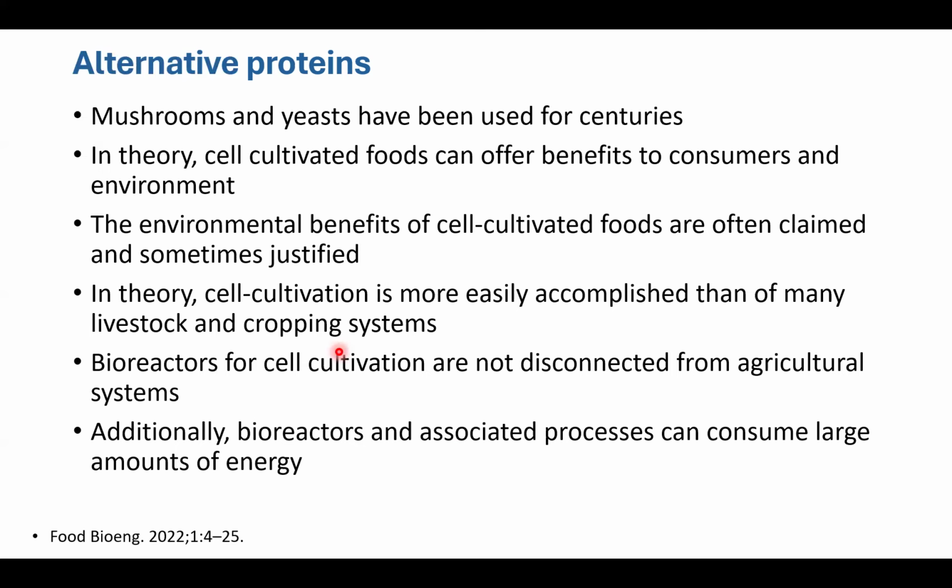Again, the environmental impact may be questionable depending on what you are producing and at what conditions, because sometimes you can produce protein with a lot of inputs. In this case, it doesn't justify the production of this cell cultivated material compared with conventional animal meat.